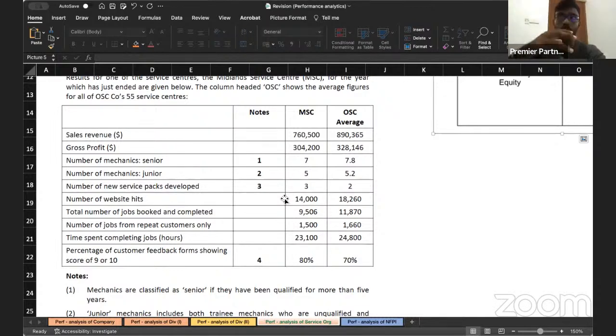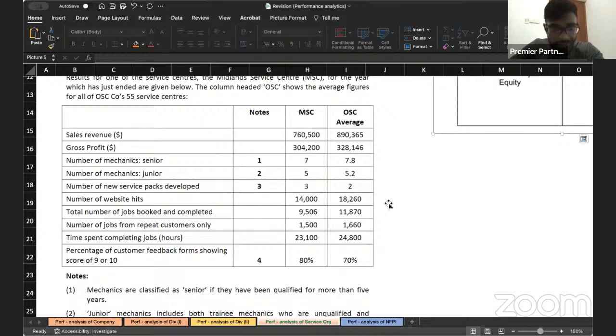Now, if the percentage is very high, that means you're somewhat competitive, right? So a lot of people are coming to you. Does that make sense, people? So total number of jobs divided by website hits is going to tell you your competitiveness more or less, right?